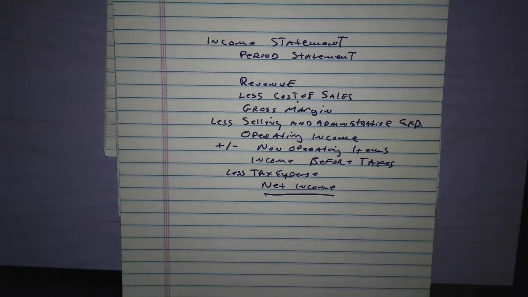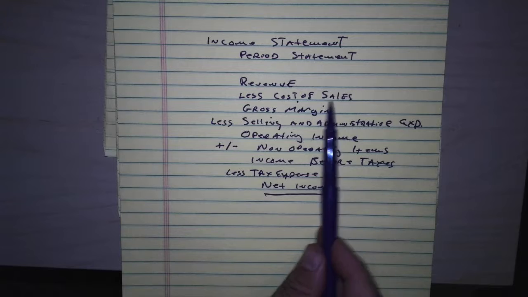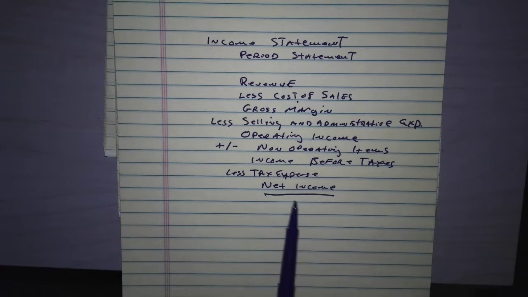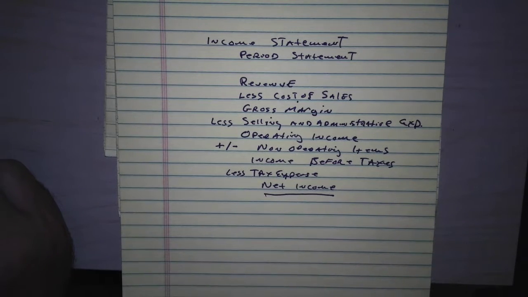It's the same way when you go to work and you earn wages, a gross part of your wages, and then when they take the taxes away, what do you have left over to use? That's our net income, and that's what the net income of a business is. It's everything they've made minus everything they've spent, subtract the taxes from it, and that's what they get left over. That's what they get to put into their savings account when it's all over with.